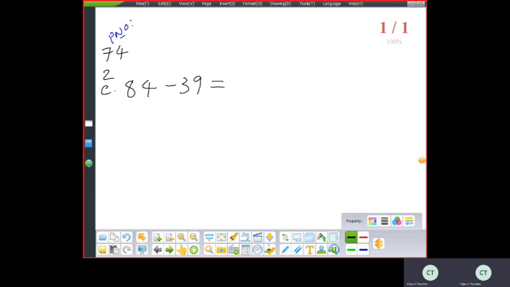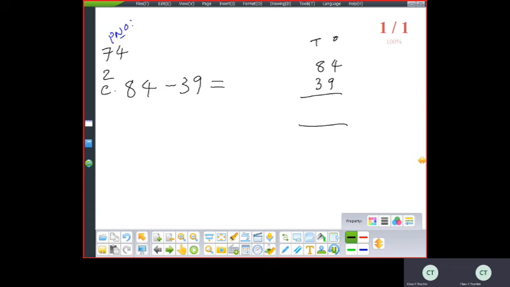Here 84 is a bigger number than 39. Now subtraction is possible. For these digits we write place values. These are 1 and 10.